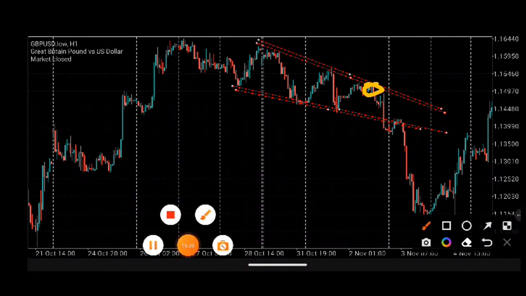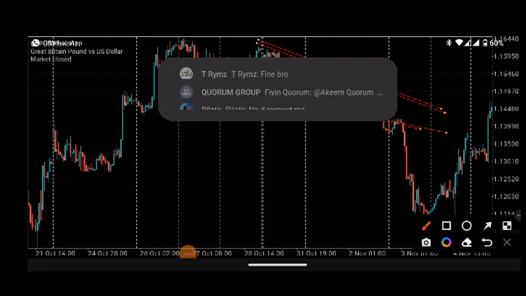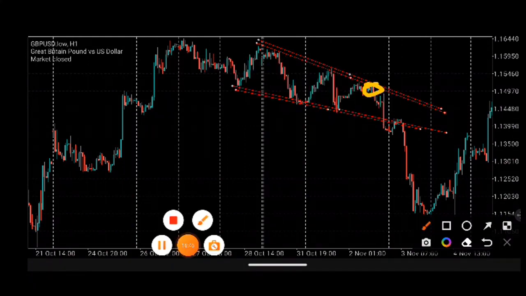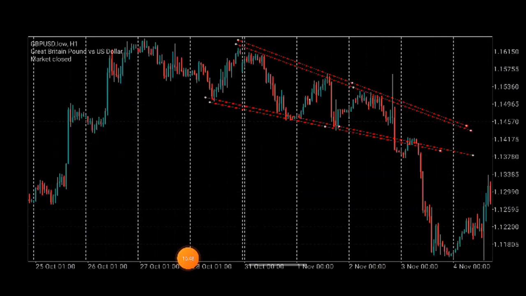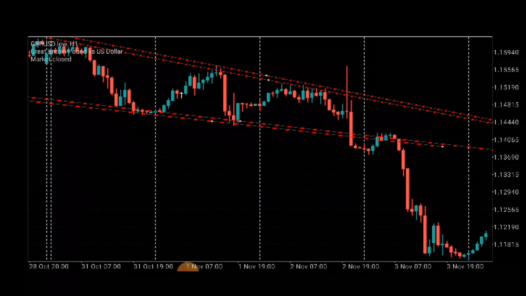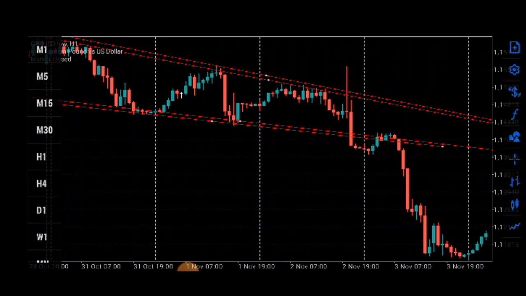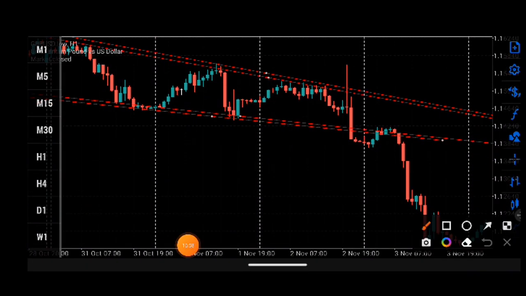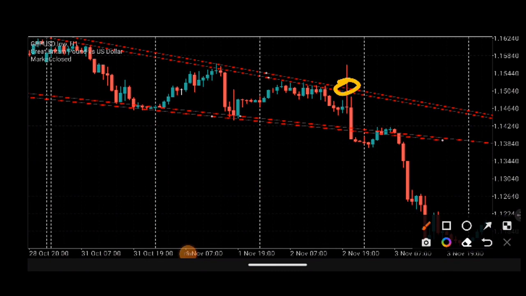So what you do is you take your order at this point, where your price goes in between. The moment you find it here, that is when you take your sell, okay? Now where you are going to put your stop, always respect the previous point. Like the previous high was here, okay?